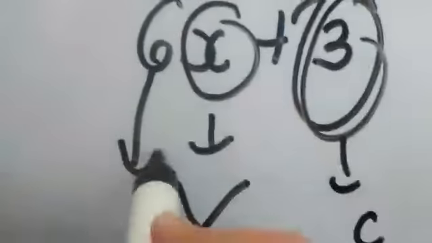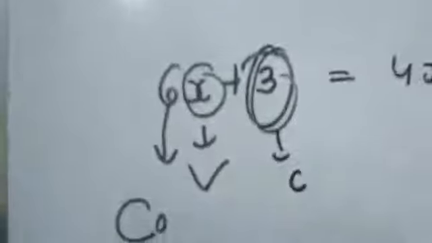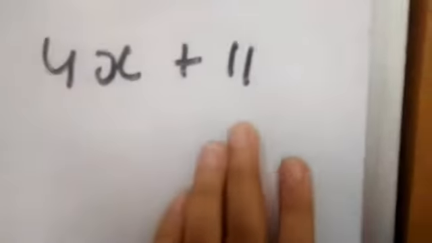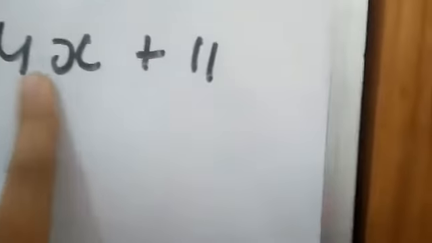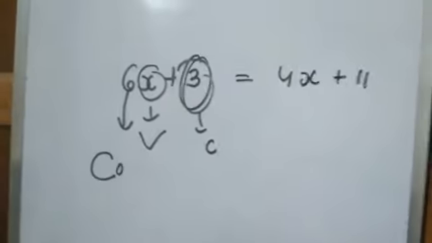X is the variable because its value will vary, and 6 will be the coefficient of x because it is multiplied by x. Same on this side: 11 will be the constant, x will be the variable, and 4 will be the coefficient which is multiplied by x.